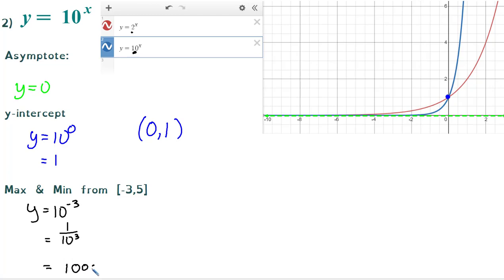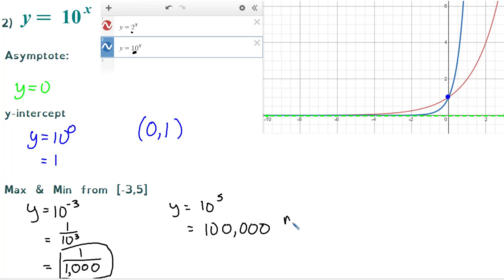So 1, 2, 3. So this is 1 over 1,000. Now we're going to do the same thing with the 10 to the 5th. And so we have 100,000 in this case. And so this is our max, and this is our min.